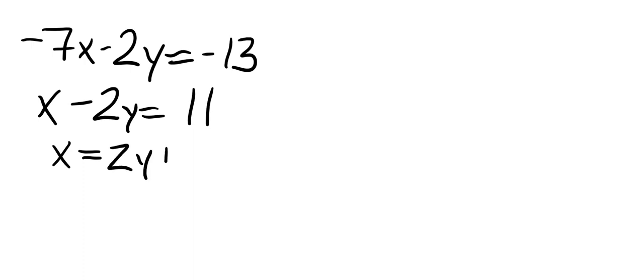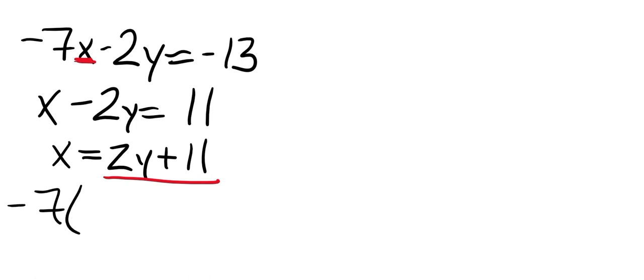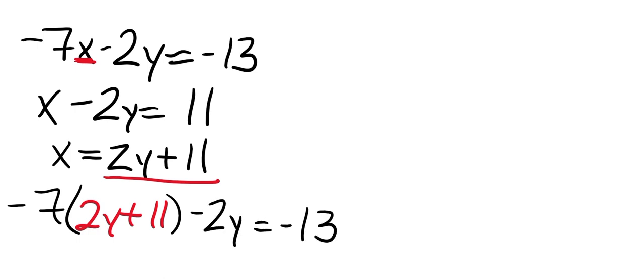equals 2y plus 11. Next, we're going to plug in what x is equal to in for x in the other equation. That's going to be negative 7 times 2y plus 11 minus 2y equals negative 13.